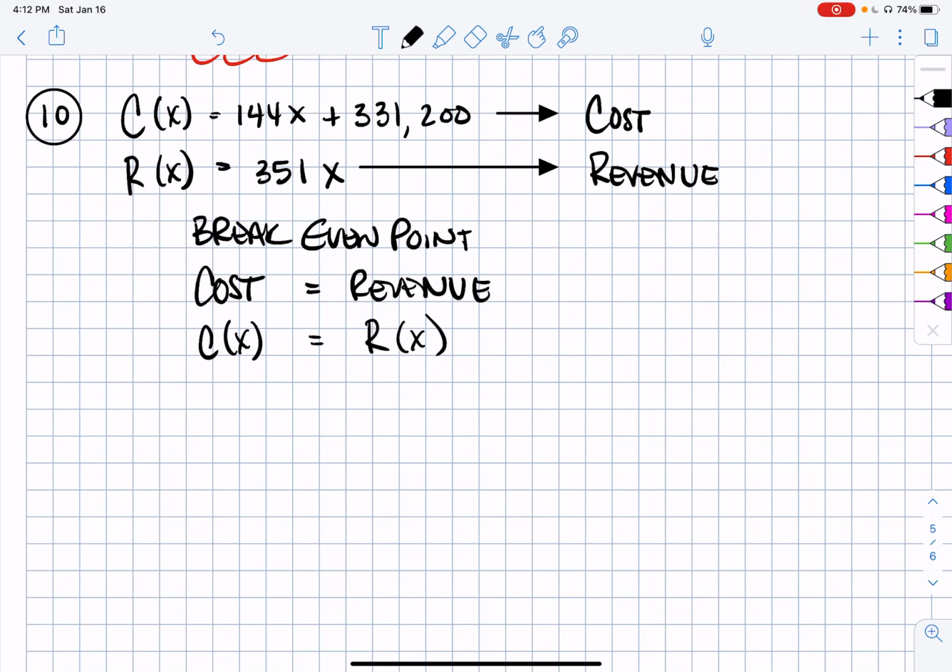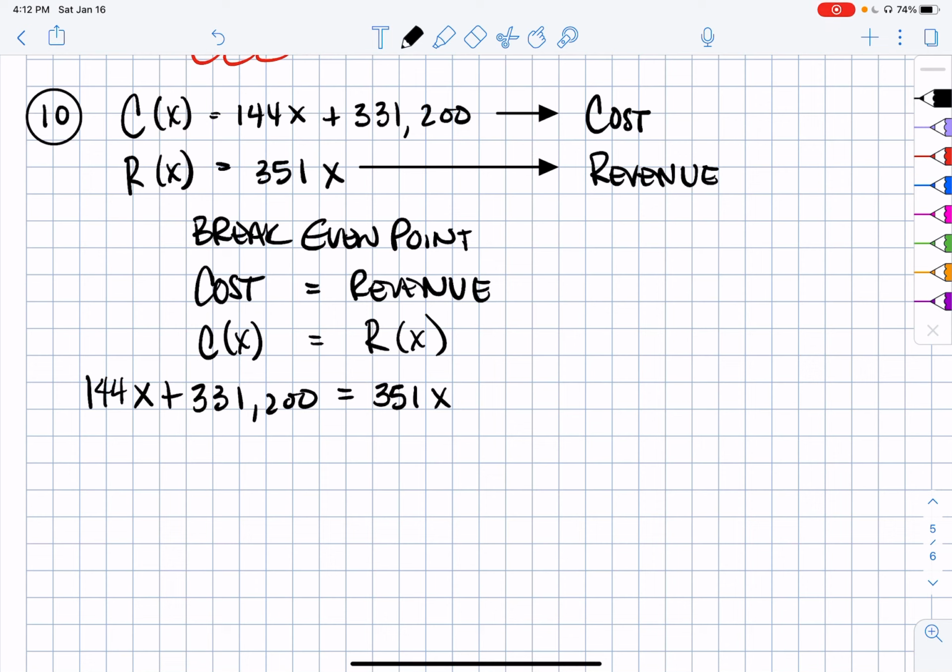Well, C of x is 144x plus 331,200, and R of x is represented by, wow, that's a wacky 3, huh? 351x. And there's my equation.